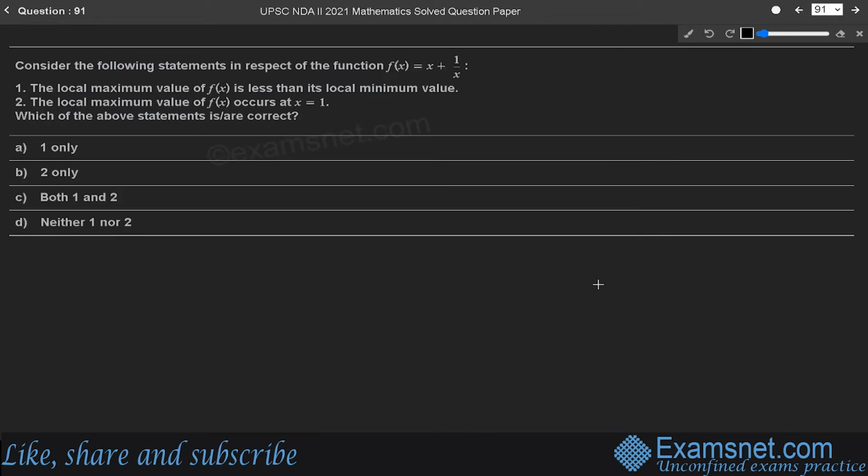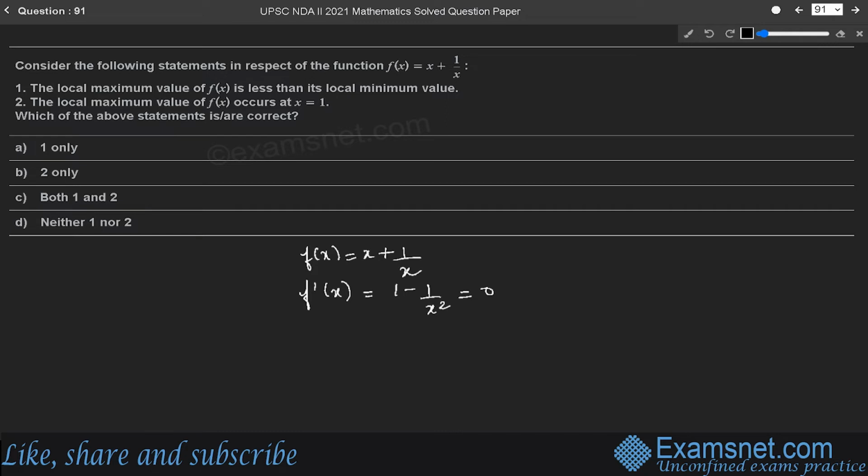Next question is, consider the following statements in respect of the function f of x is equal to x plus 1 by x. In this type of question, the first thing that we have to do is find f dash x. So f dash x will be equal to 1 minus 1 upon x square, and we set it equal to 0.